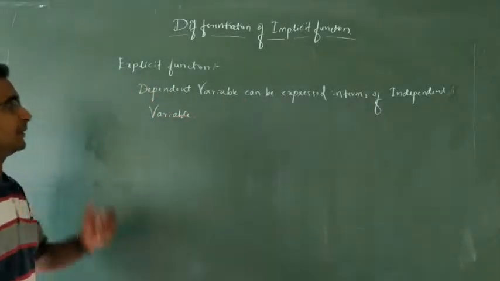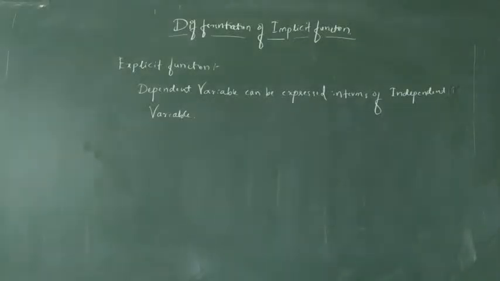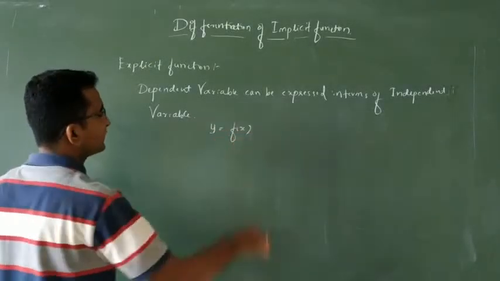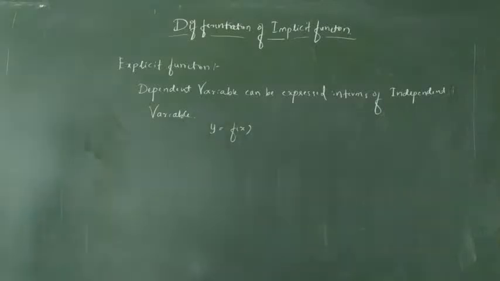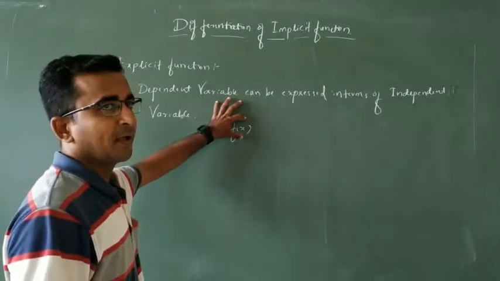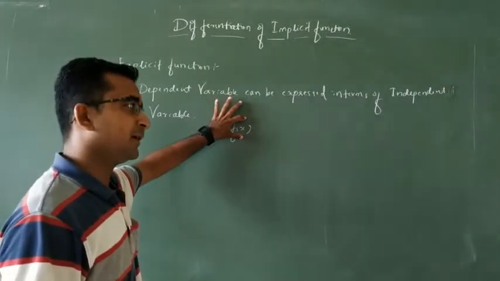So what is meant by the dependent variable being expressed in terms of the independent variable? That is how we decide. For example, y is equal to f of x. Here y is the dependent variable, and f of x is the independent variable.